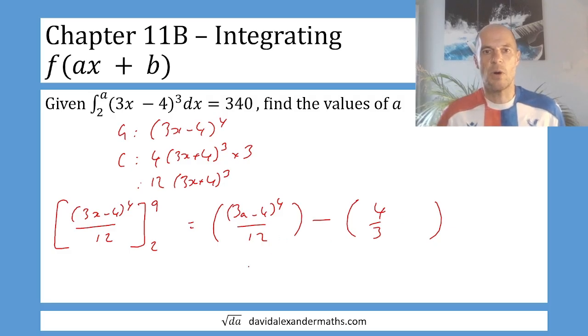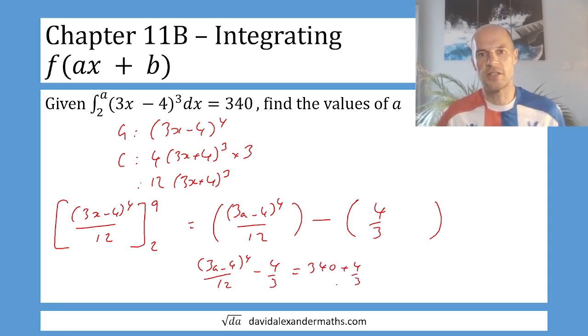Okay, so what we know is that (3a minus 4) to the power of 4 over 12, minus 4 over 3, equals 340.